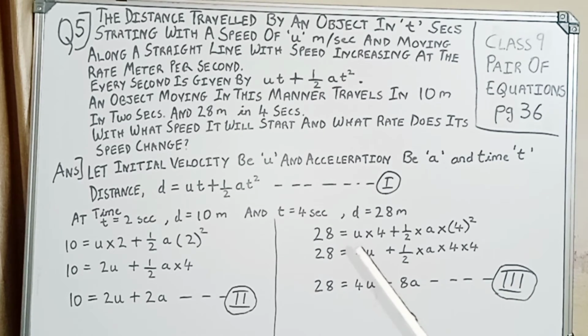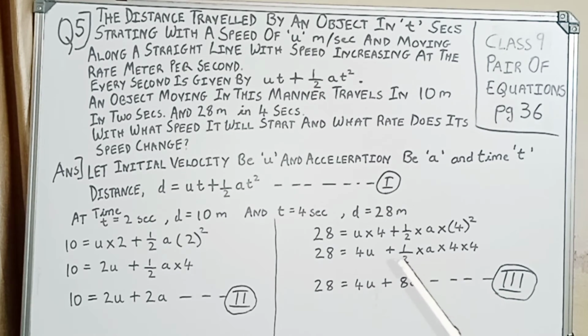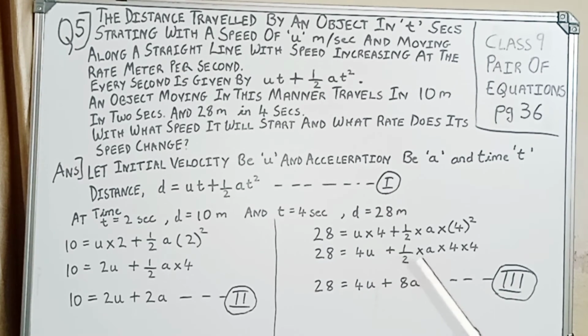So 28 is equal to u into 4, plus half into a into t square, where t is 4, so the square of 4 is 4 into 4. This 4 in the numerator and the 2 in the denominator get cancelled, so 28 is equal to 4u plus half into a into 16. The 2 2s are 4, and the 2 in the denominator cancels, leaving 2, and 2 4s are 8.